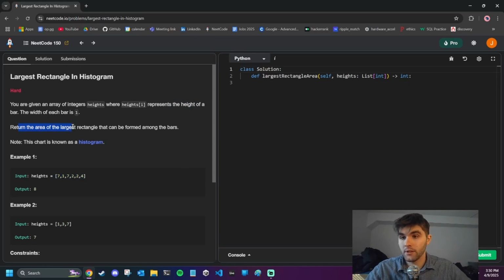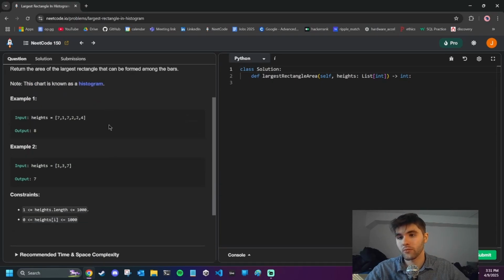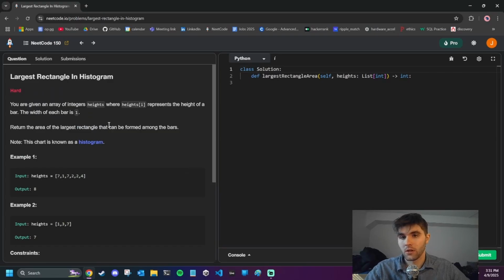Return the area of the largest rectangle that can be formed among the bars. This chart is known as a histogram. Okay, so we want the largest area that can be formed among the bars.